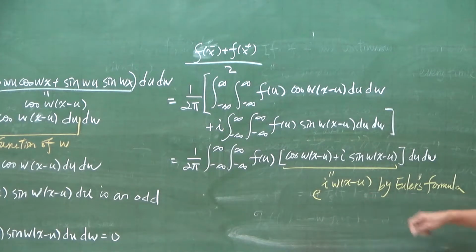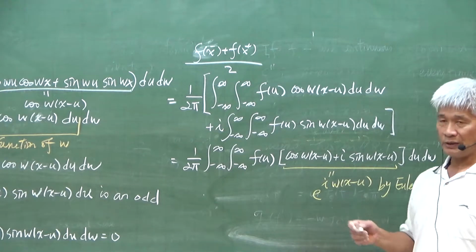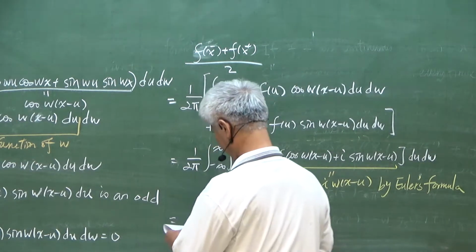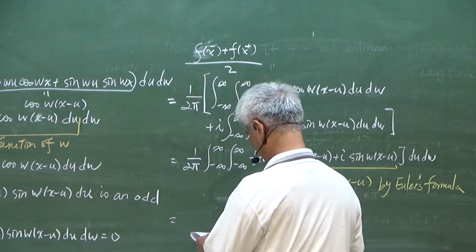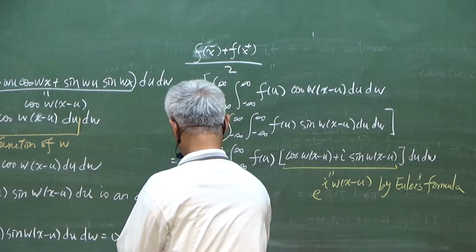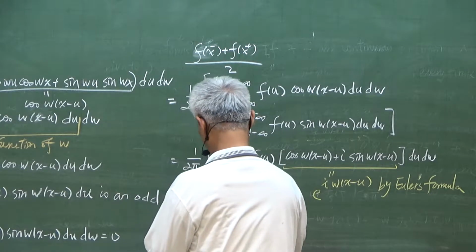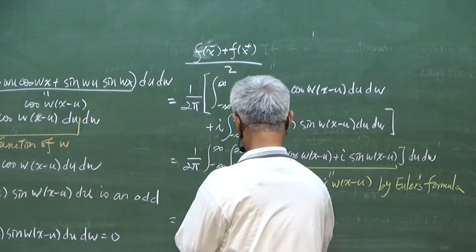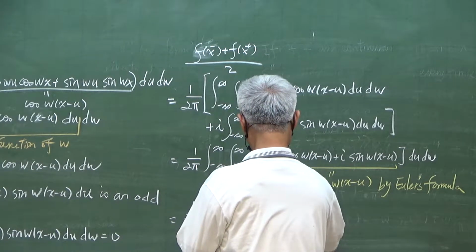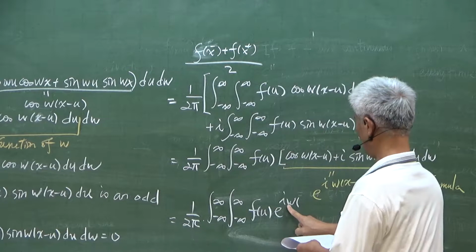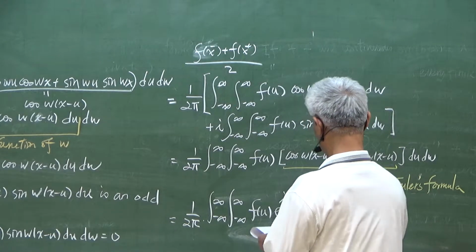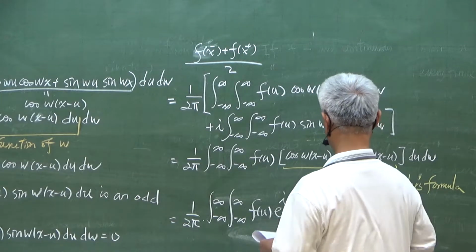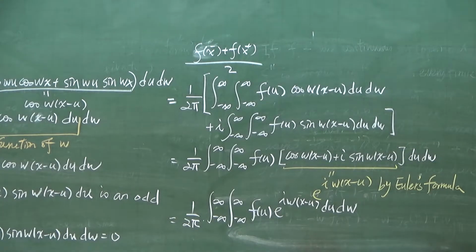The exponential function, and the exponential one is always a nice function. Okay, and so now we have 1 over 2 pi, the integral of f(u) e to the i w (x minus u) du dw. Okay, u and w here.